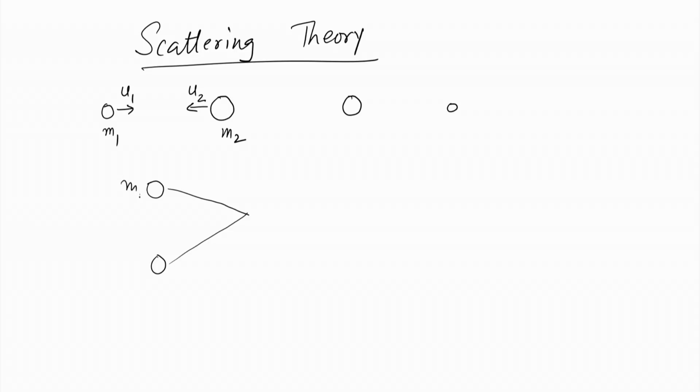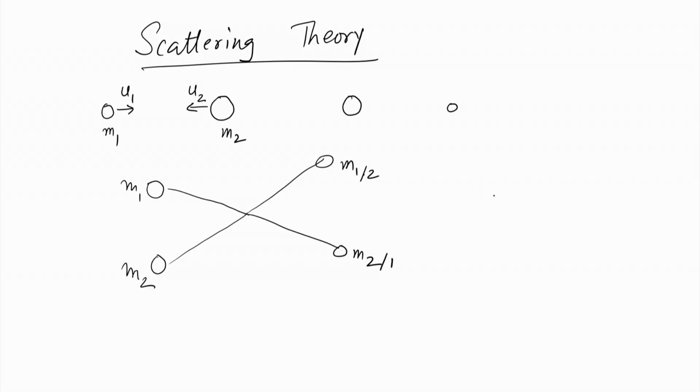This is say m1 and this is m2, and they scatter in different directions. It could be m1 here and m2 here, or vice versa, and you need to calculate all these final state velocities.